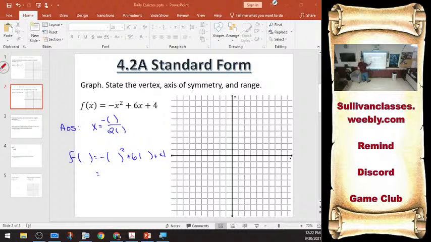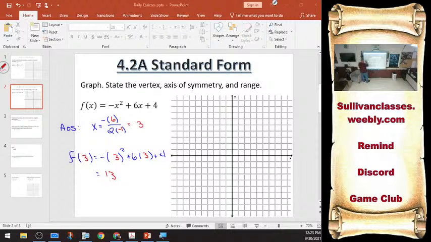Okay. So, negative 6 over negative 2 is positive 3. Go find the function value of 3. Negative 9 plus 18 is positive 9. 9 plus 4 is 13.